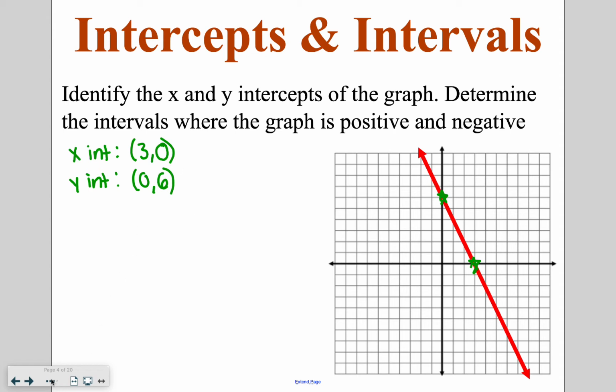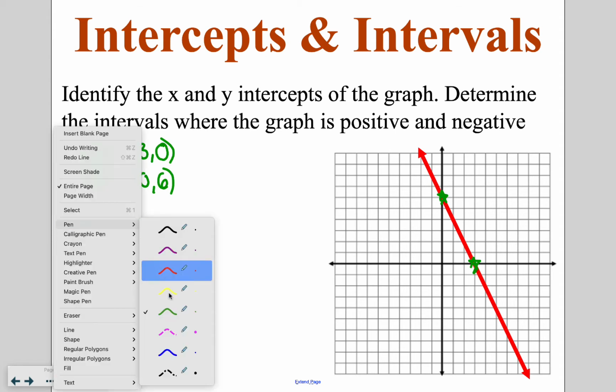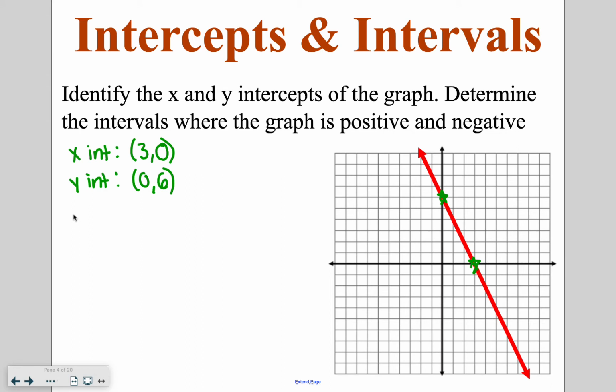Our next goal is to determine the intervals where the graph is positive and where the graph is negative. So starting with the positive portion, we are looking at the piece of the graph that is above the x-axis. This is the left side of my line.